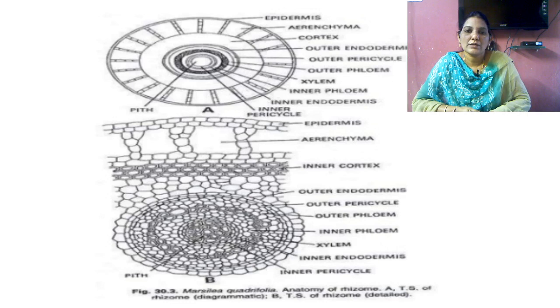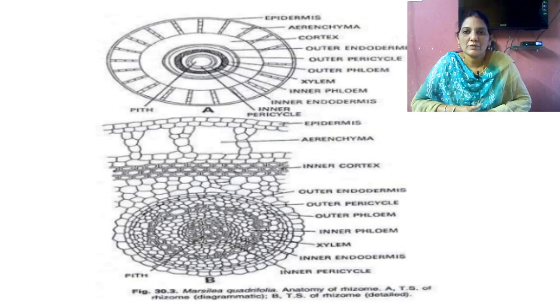The outer cortex is made up of parenchyma tissue. Here the air chambers are present.